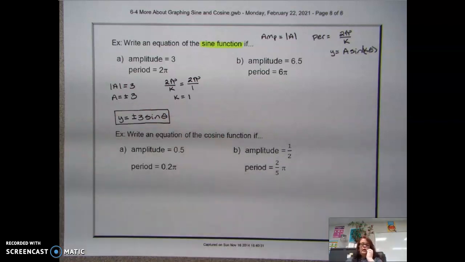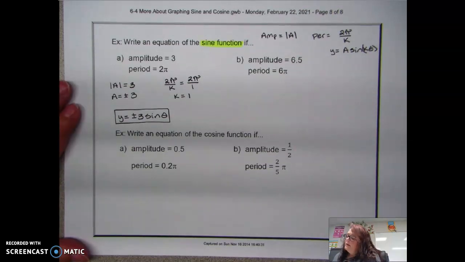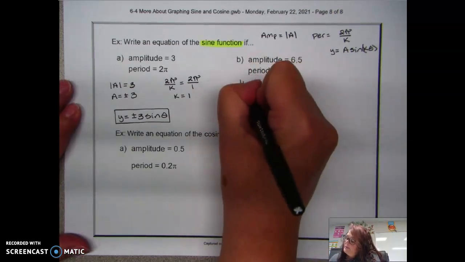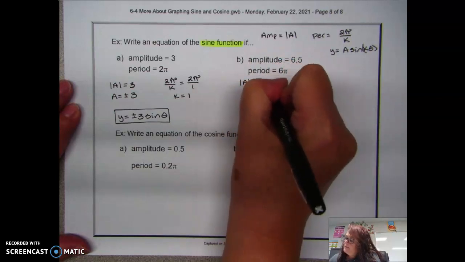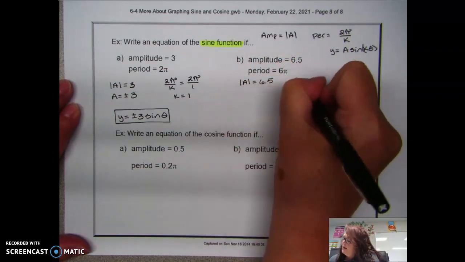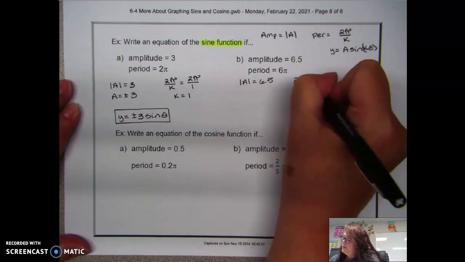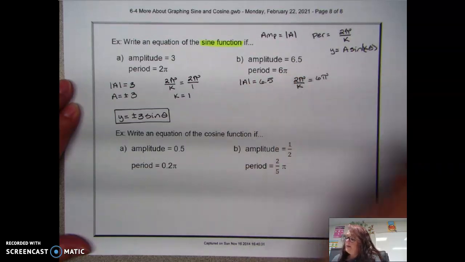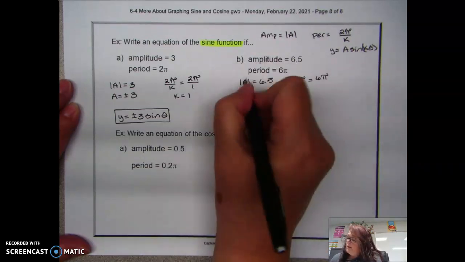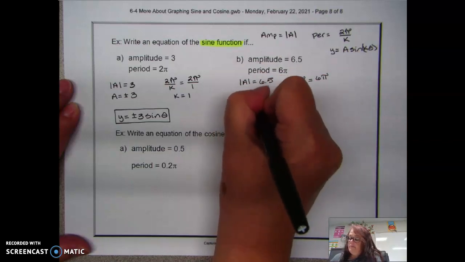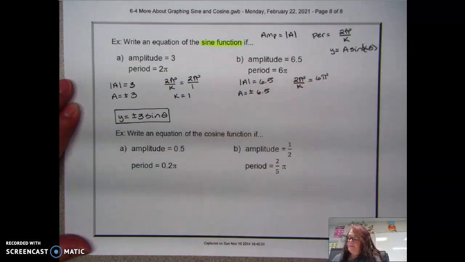So take a moment to pause the video and see what you could do with B. For B, we have the absolute value of A is equal to 6.5, and 2 pi over k is equal to 6 pi. So my A value is going to be plus or minus 6.5.